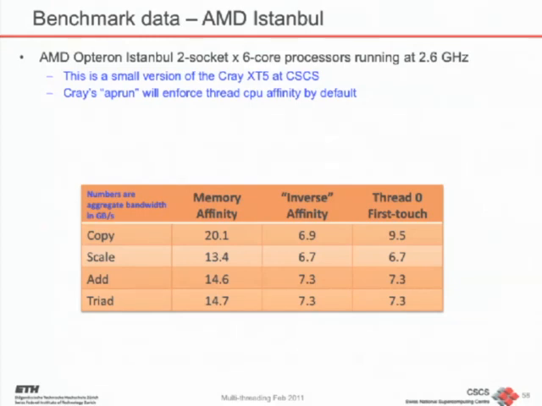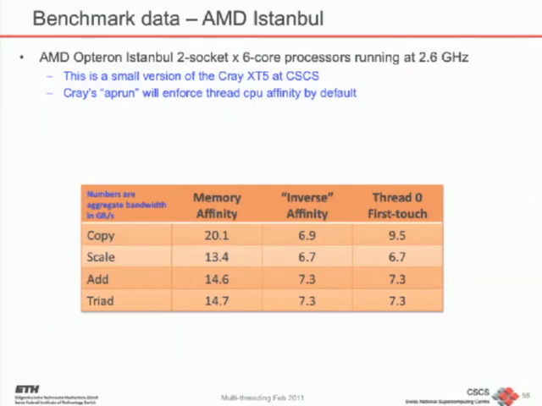Right. This is now the XT5 Rosa, one node of Rosa. So we've got 2 sockets, 6 cores. Right. And I use aprun to enforce CPU affinity. Okay.